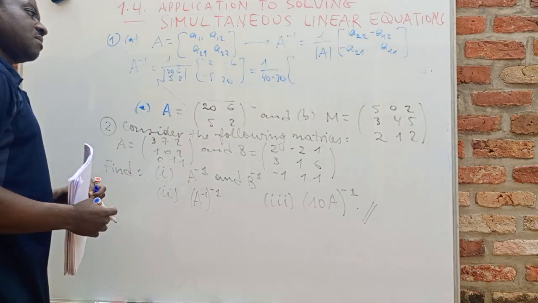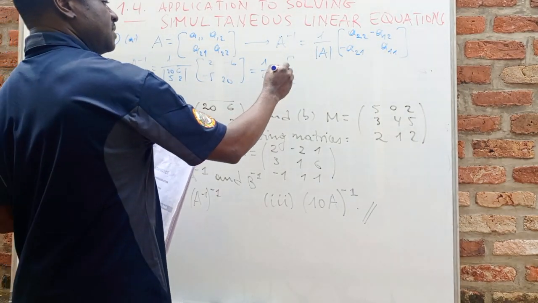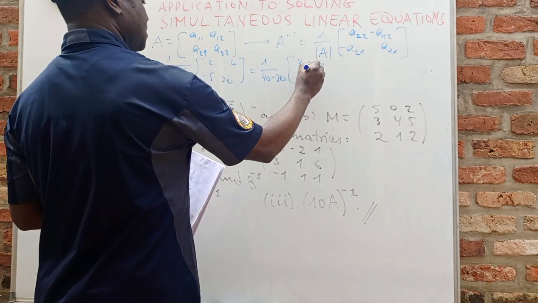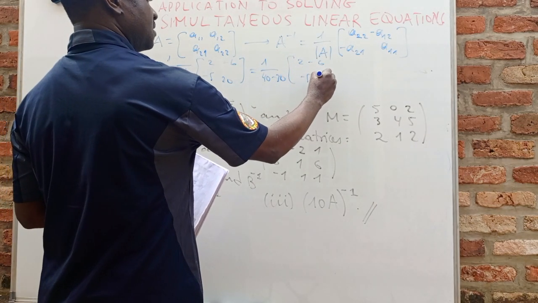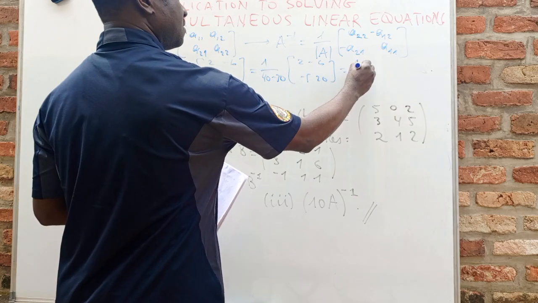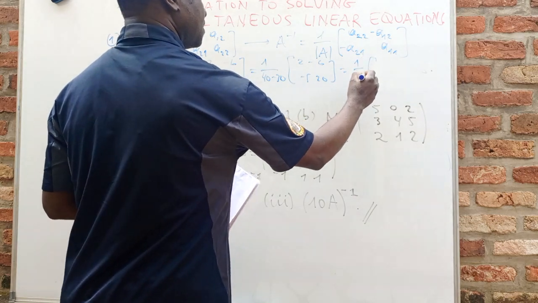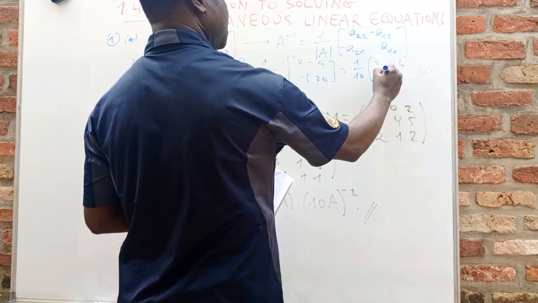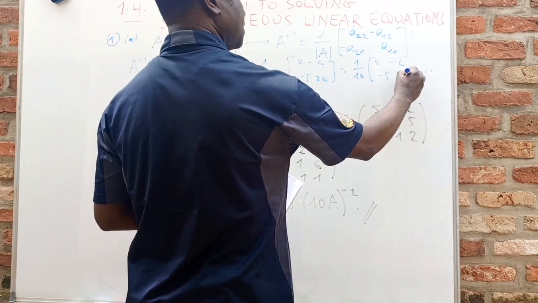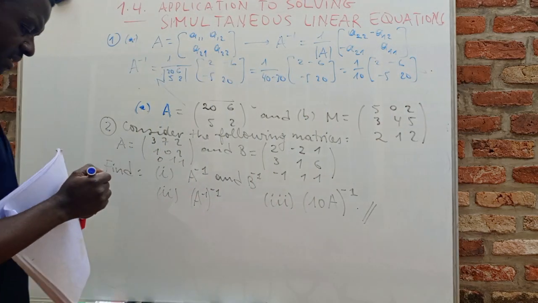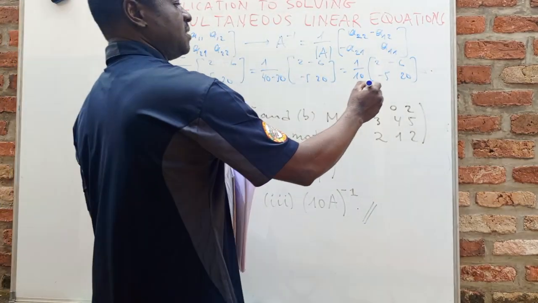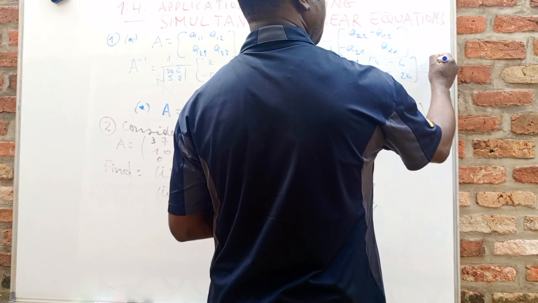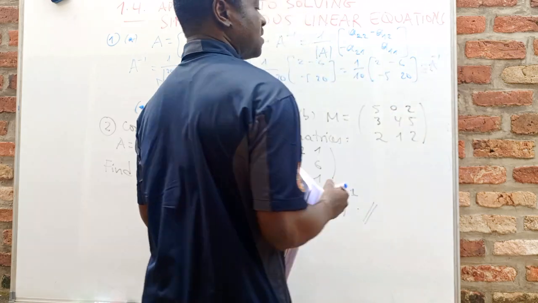It becomes 1 over 10 times the matrix 2, negative 6, negative 5, 20. So this is 1 over 10 multiplied by 2, negative 6, negative 5, 20. This is the inverse of matrix A in this case.